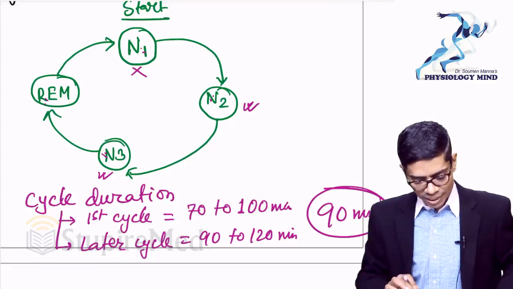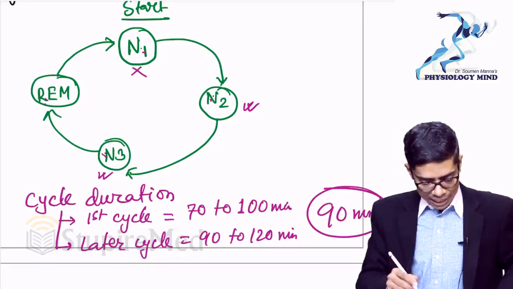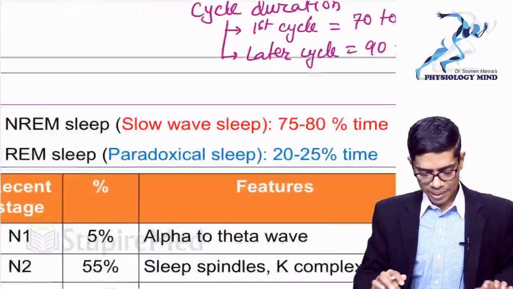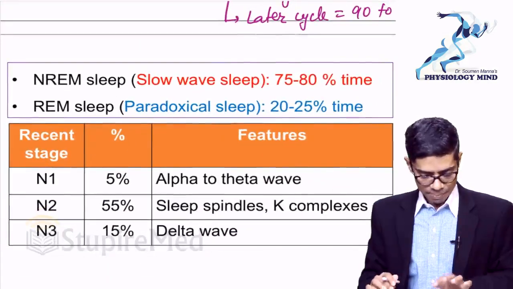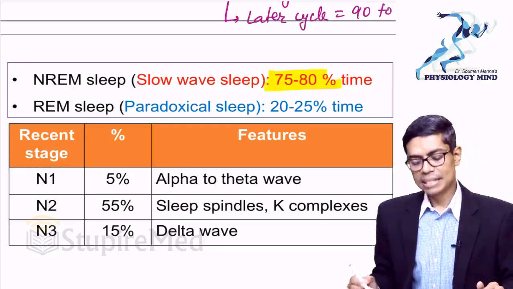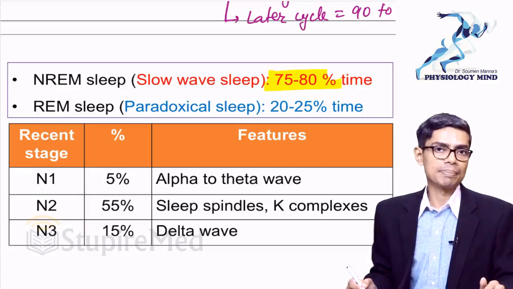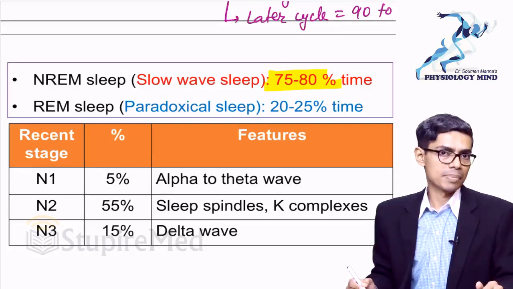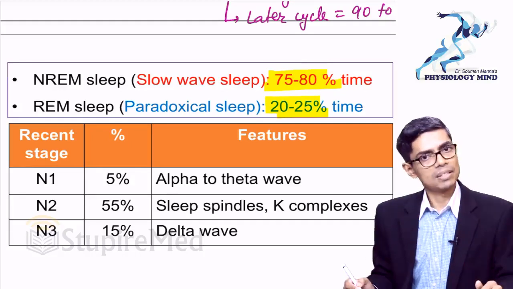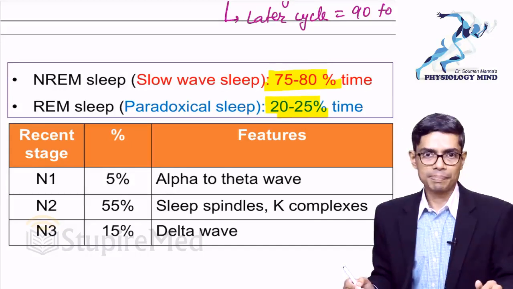What is the percentage of different stages of sleep? Look here. Non-REM sleep is the maximum. You spend 75 to 80% of the time in non-REM sleep, and REM sleep is only 20 to 25% of the total sleep period.